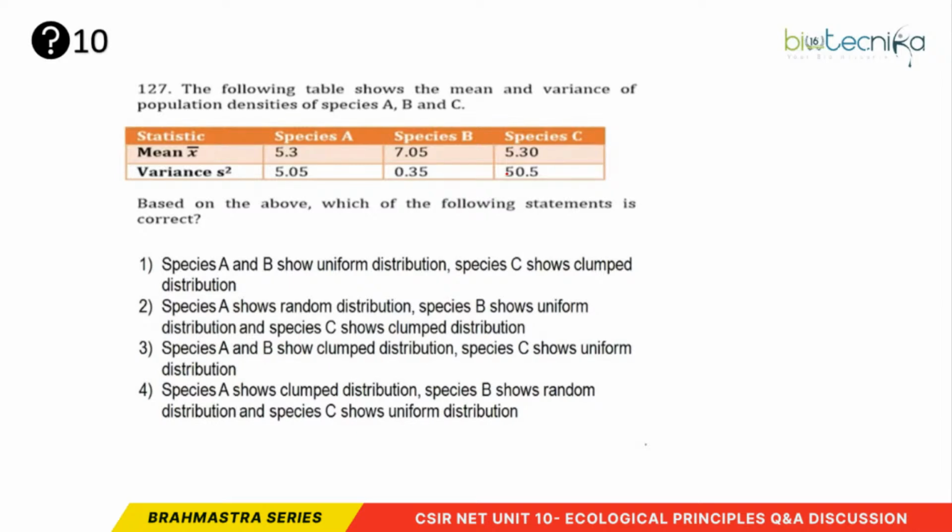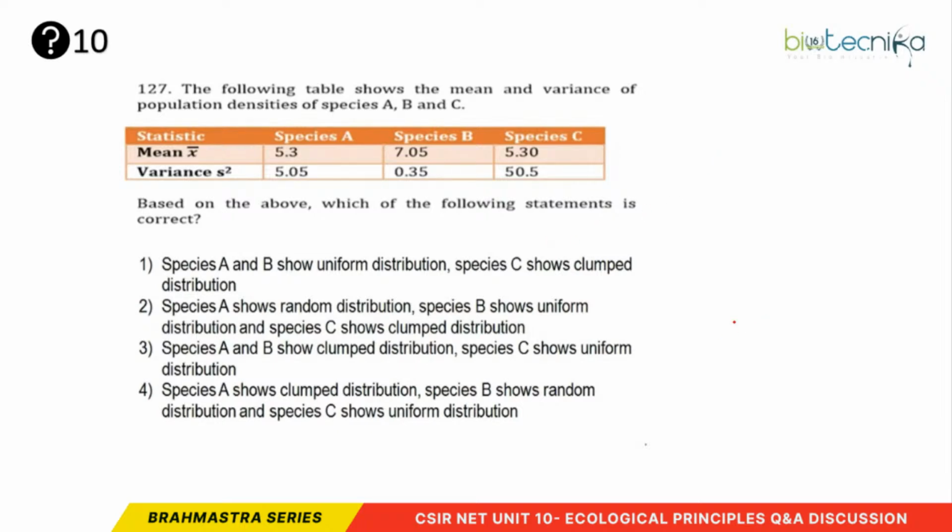So you have to find out the ratio of variance by mean and see if it is greater than 1, less than 1, or equal to 1. Accordingly, you are going to get the answer whether it is clumped, uniform, or randomly distributed.